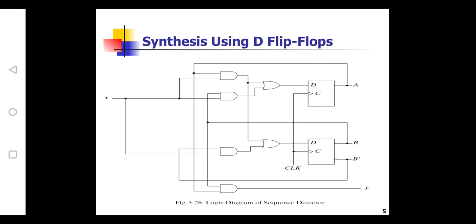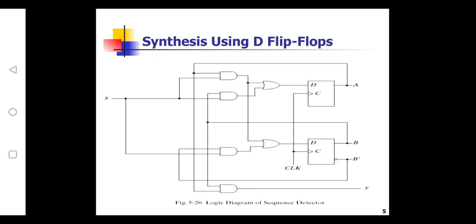One AND gate has inputs A and X. The second AND gate has inputs B and X. And these two AND gates should be connected to an OR gate, that is, AX plus BX should be connected to dA. Similarly, according to the expression we got for dB, we need to use AND gates and OR gates, and connect it to the second flip-flop, which is dB.